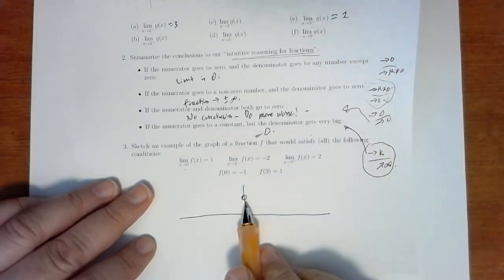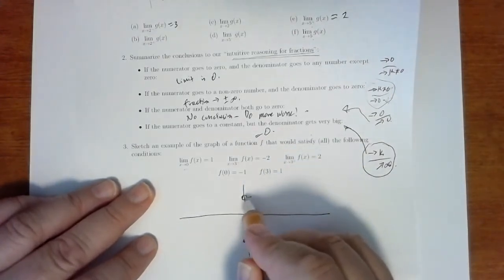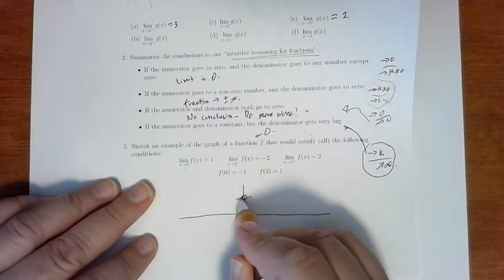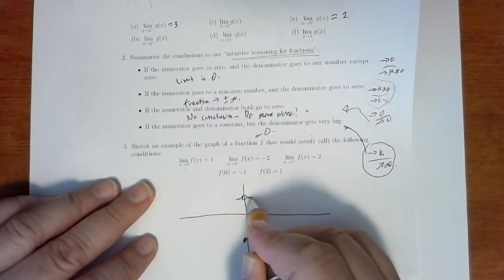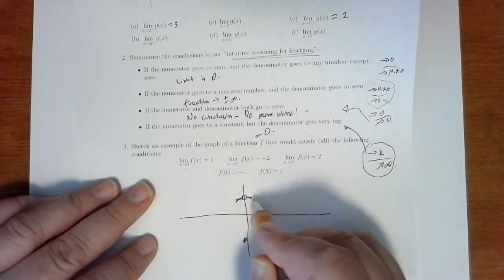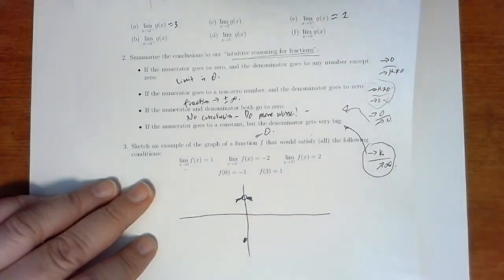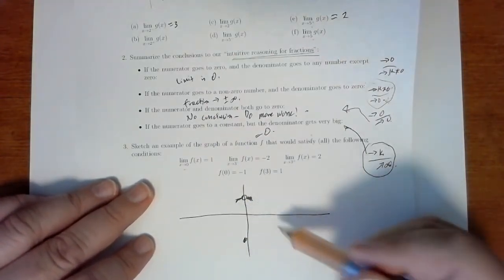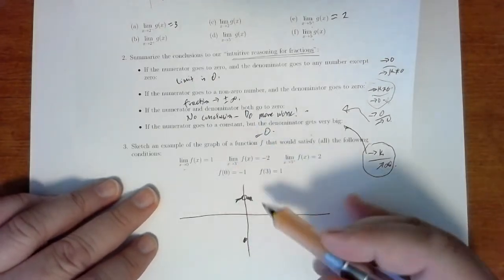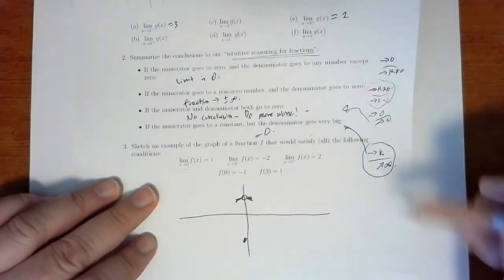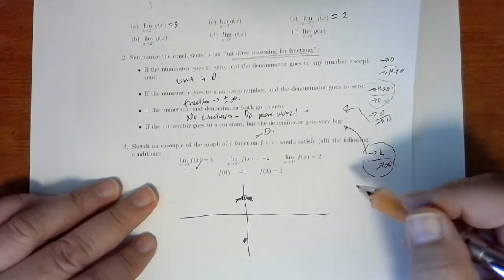If I want the limit to exist, that means that the function is behaving nicely close by. It doesn't have to be a line, but it's a curve just going into the point. I don't know what's happening outside of that point, but as x approaches 0, my y values are approaching 1. So that takes care of that one.